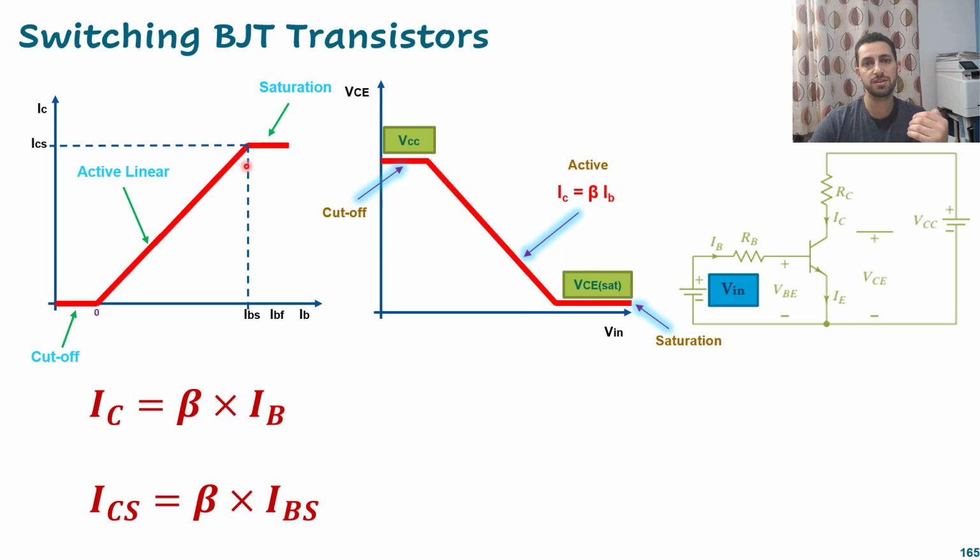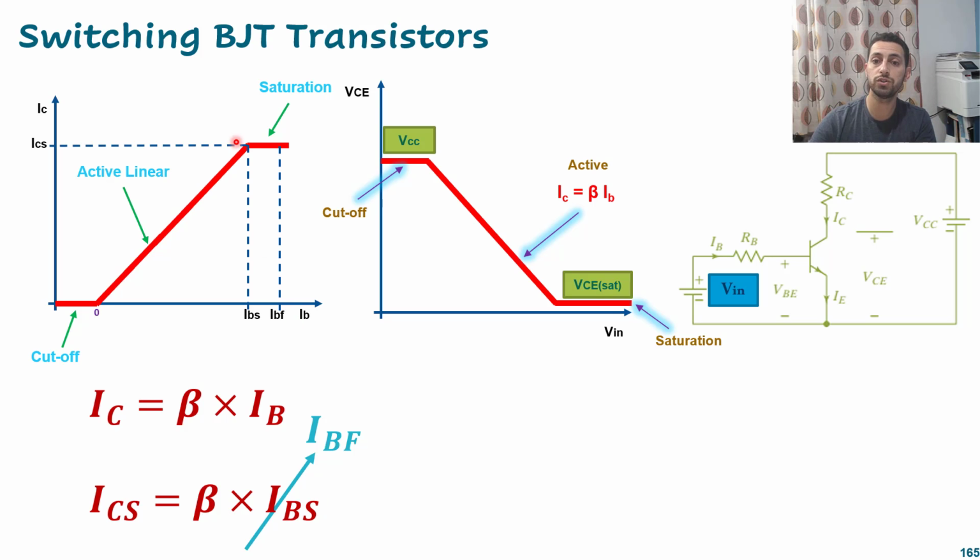To push our transistor more in the saturation region and to push it there further, okay, we have to supply a different current. That current is a little bit more than the IBS, okay? So if you raise that current, the IBS, to a different value, which is IBF. IBF is the forced base current. So if the saturation current is, for example, 1 milliamp, but I supplied 5 milliamp, that means I forced I base to be 5 times the saturation or the calculated one.